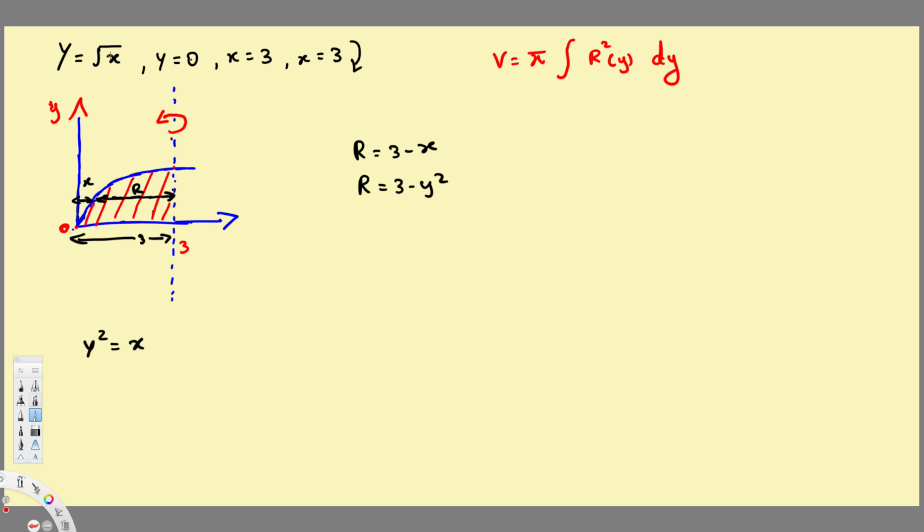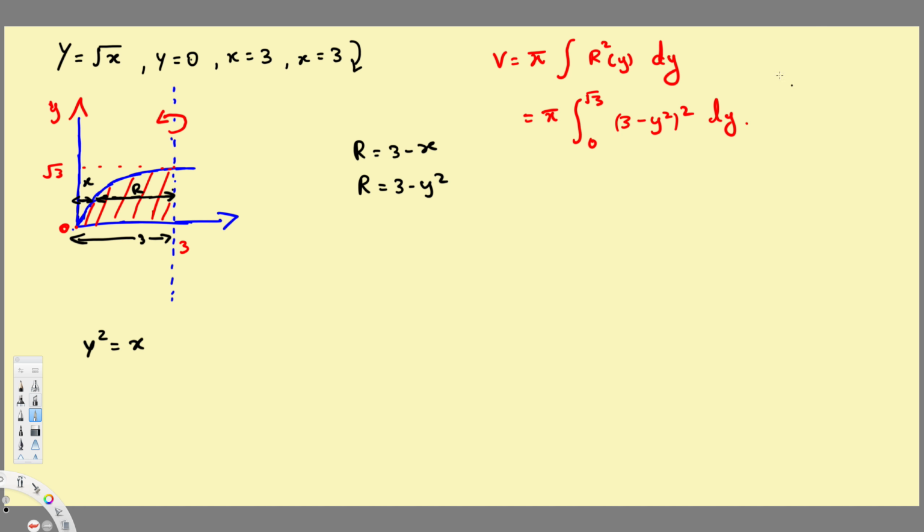If I plug 3 into y equals root x, that gives us root 3. So root 3 is this point, and those are the limits of integration. Here we have pi integral from 0 to root 3 of (3 minus y squared) squared dy.